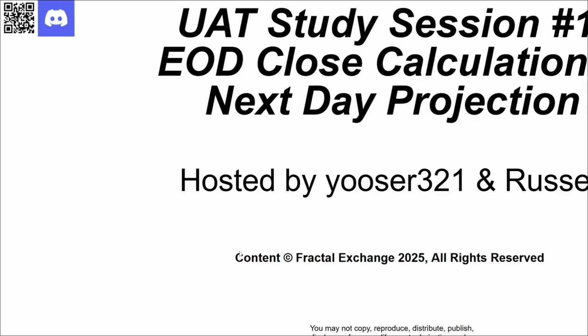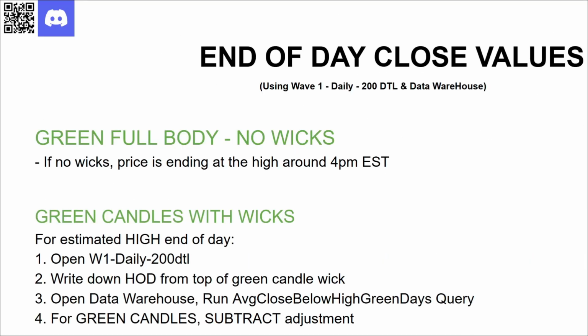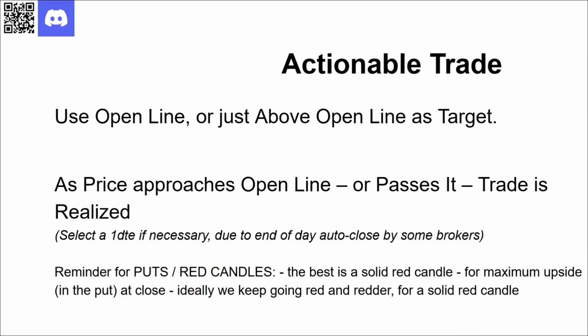When I was referring to the part about the wick and the no shadow and it pushing past an open line, ideally, in this case, it's showing a put, it's showing a red candle. We want to go beyond the target. So you want to try to look for something that's going to give you a safety net and not say, okay, well, this could be a 514 down here on my open line, then get a 513 put.